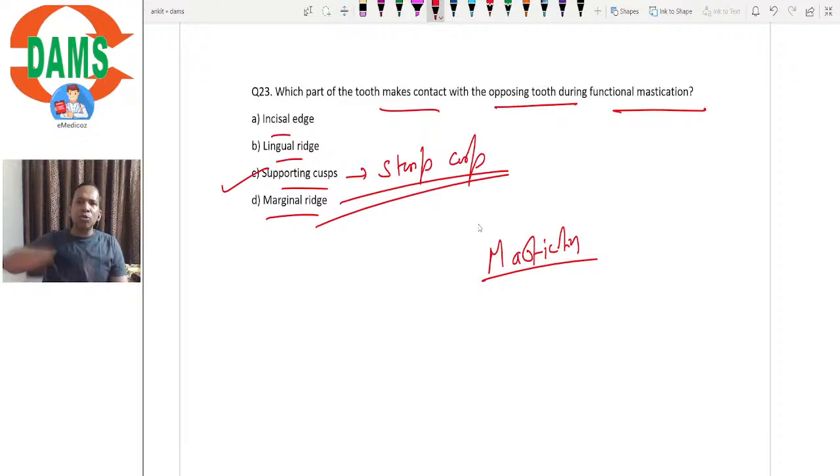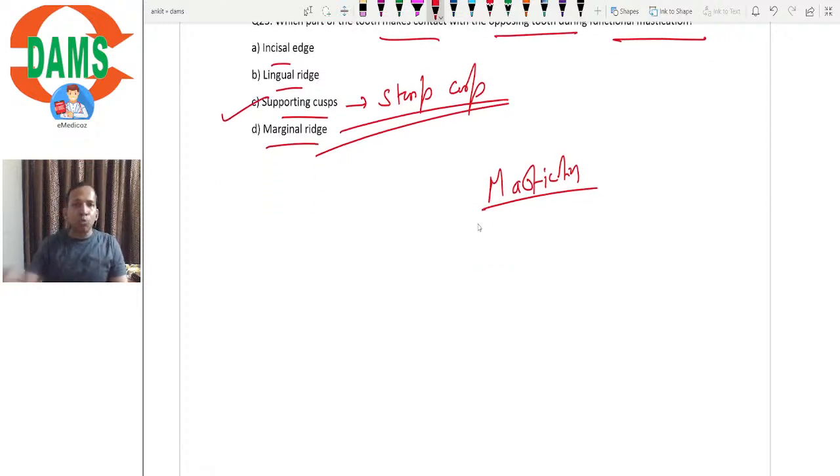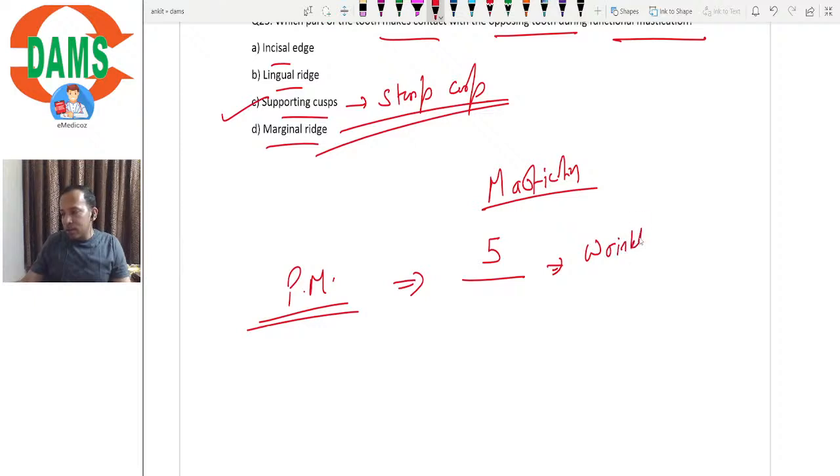अब हम अपने पीछे जो 2-3 क्वेश्चन हमने बात की थी उन पे चले जाते हैं. तो मैंने आपसे पूछा था विच इज द मोस्ट सिमेट्रिकल प्री मोलर एंड विच इज द मोस्ट सिमेट्रिकल मोलर. तो प्री मोलर्स की अगर हम बात करें, विच इज द मोस्ट सिमेट्रिकल प्री मोलर, इट इज द मैक्सिलरी सेकेंड premolar, though it has a wrinkled occlusal surface, that is it has numerous supplemental grooves on the occlusal surface.